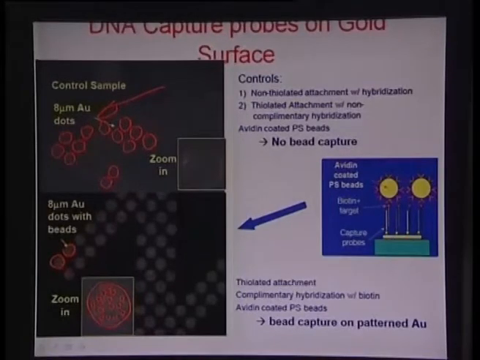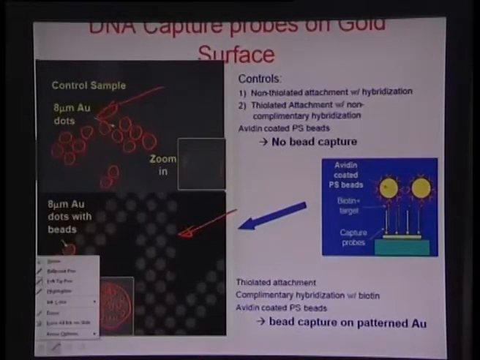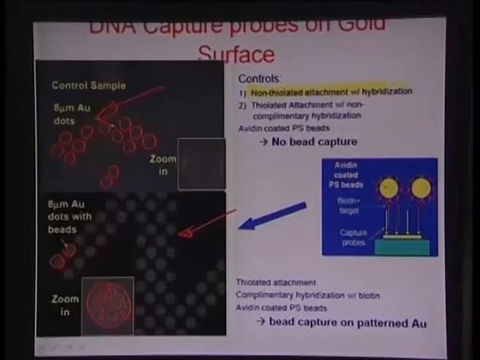So optically, using an optical microscope, you could realize whether there is a binding going on between the target DNA and the capture probe just by looking at whether these gold dots have polystyrene beads or not. The controls for some of these experiments are non-thiolated attachments with hybridization, and thiolated attachment with non-complementary hybridization, and essentially all polystyrene beads are avidin coated.